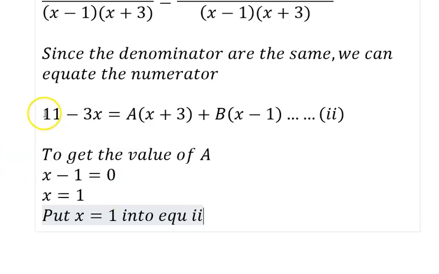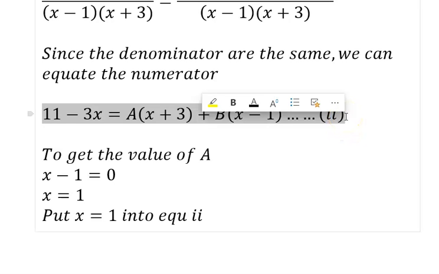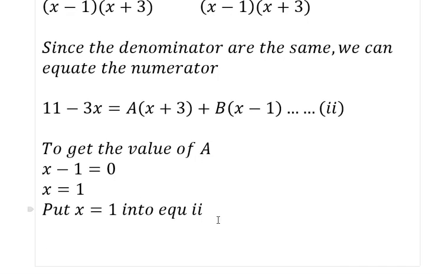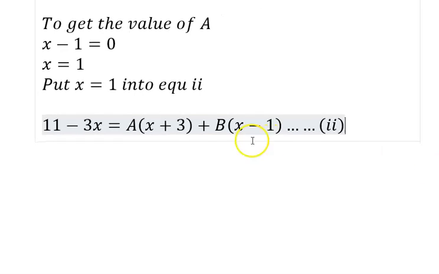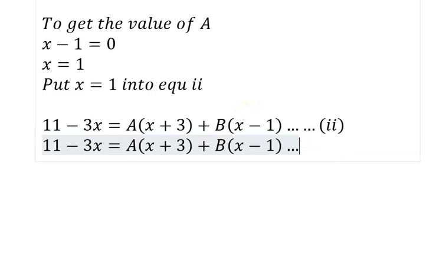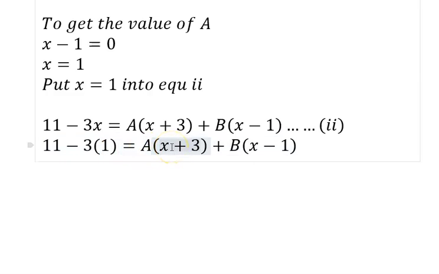So here's our equation 2. That means anywhere we see x, let's put 1 there. That's to get the value of A. Awesome. So we have x here. Let's put 1. We have x here. Let's put 1. We have x here. Let's put 1.